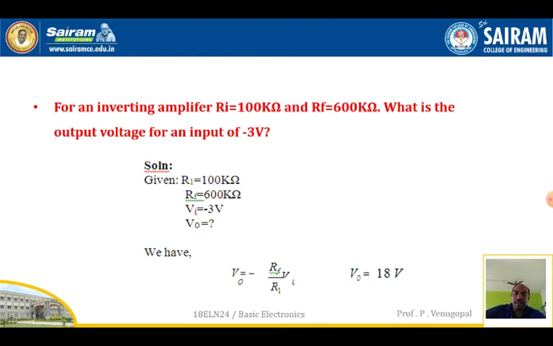Substitute RF, R1 and V1. RF is equal to 600 kilo ohms and R1 is equal to 100 kilo ohms. So 600 kilo ohms by 100 kilo ohms means 6, and V input is equal to minus 3. Then minus into minus is plus, 6 into 3 is 18. So the output obtained for this inverting amplifier is 18 volts.